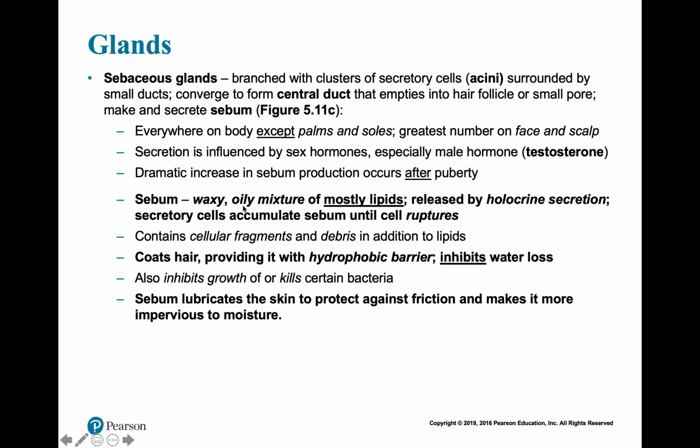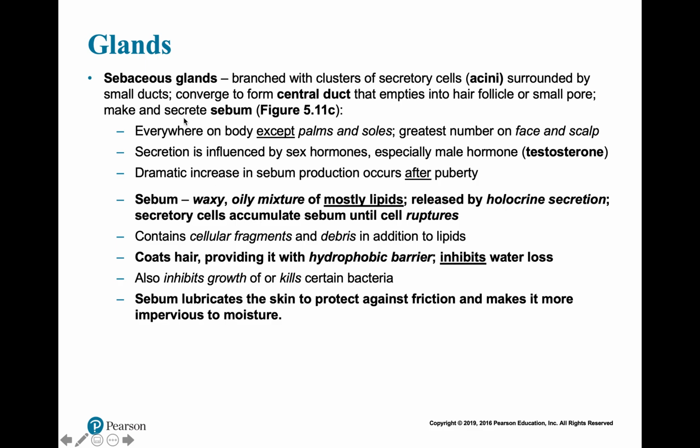They produce a waxy, oily mixture, mainly lipids. A lot of times when you see lipids on a histology slide, it will be white or transparent in color, okay? So it's an oily secretion, and we call this oily secretion sebum, all right?